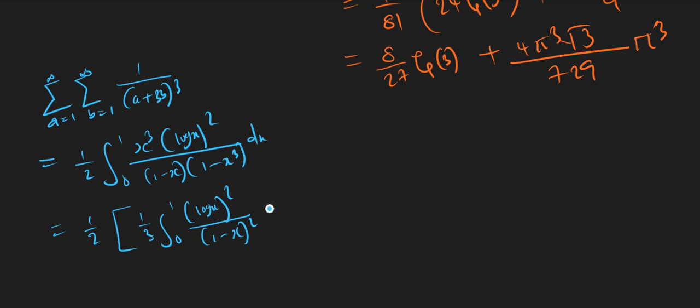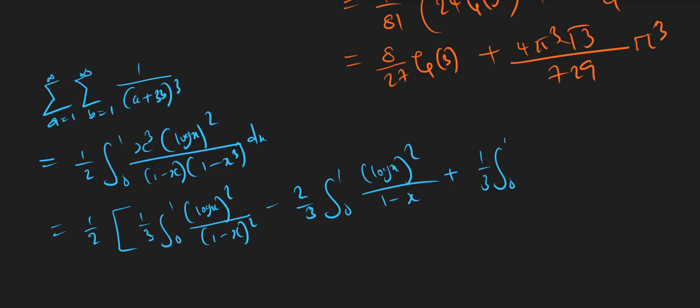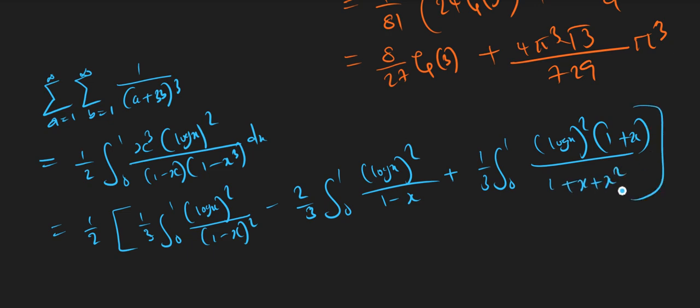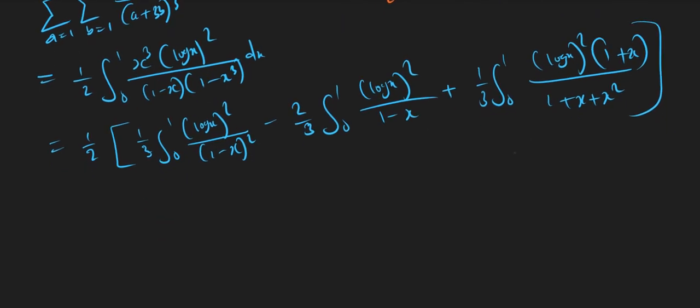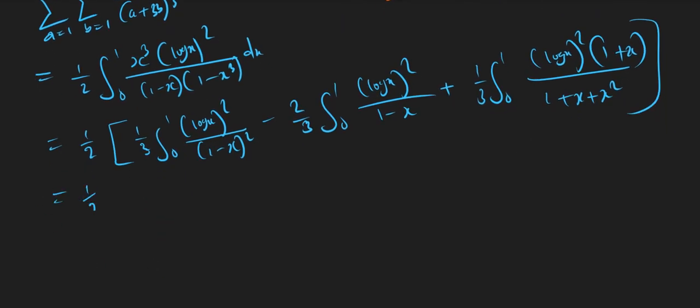Then the next integral, we had negative 2/3 of the integral from 0 to 1 of log of x all squared, divided by 1 minus x. Then finally, the integral of 1/3 from 0 to 1 of logarithm of x all squared, over 1 plus x, and 1 plus x squared.